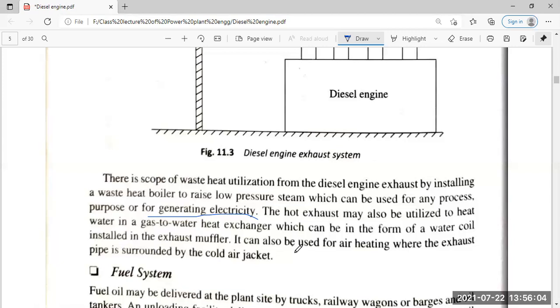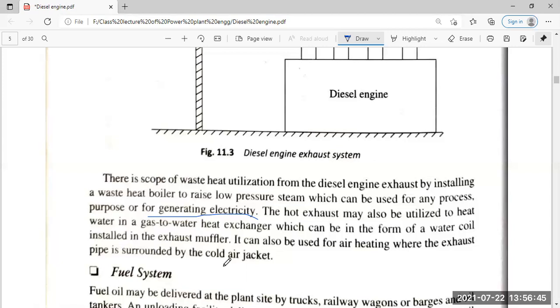This hot exhaust can be used to heat water in a gas to water heat exchanger, which can be in the form of a water coil installed in the exhaust muffler, and the waste gas goes surrounding it and heats it to boiling, or it can be used for air heating itself.